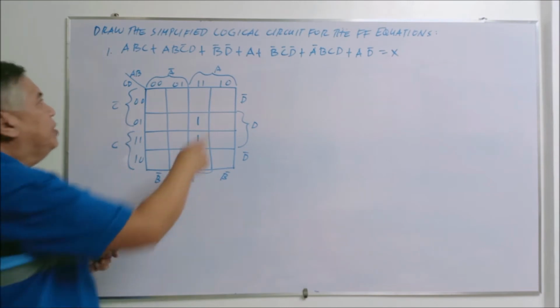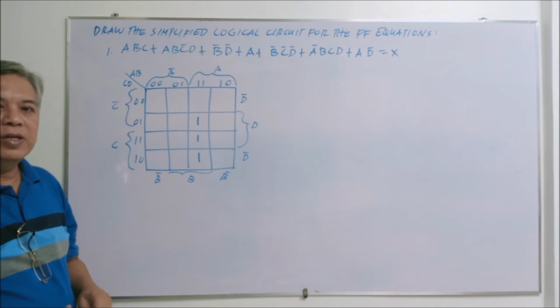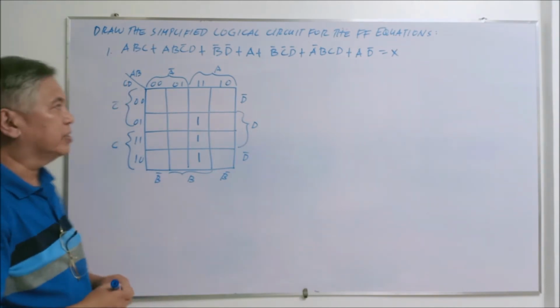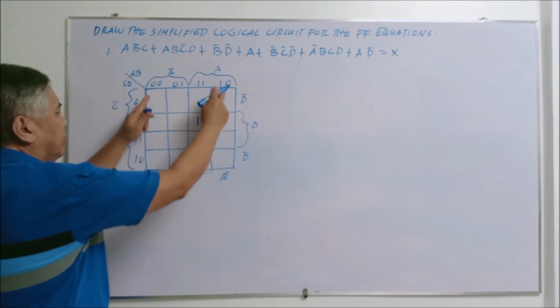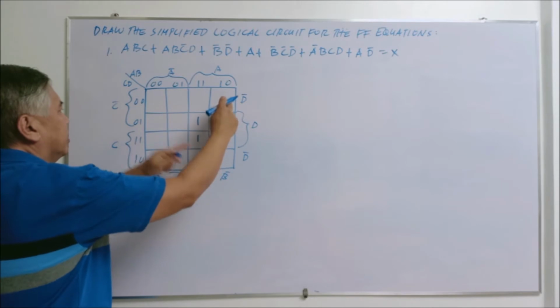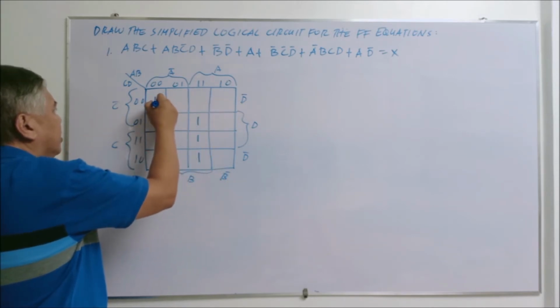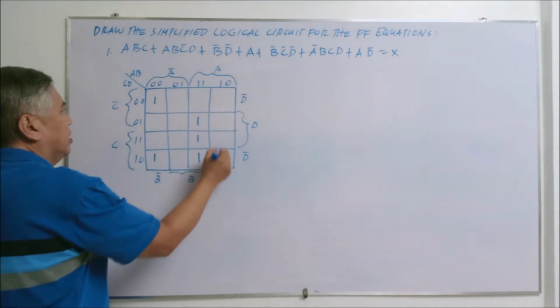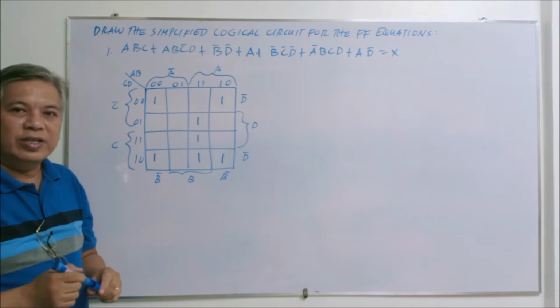And then B bar, that is a 2-variable term, represents 4 adjacent cells. So where is it located? So you have B bar here, and at the same time D bar. Where's that? That one. So B bar, D bar will be these particular cells. In other words, these 4 cells here are adjacent.